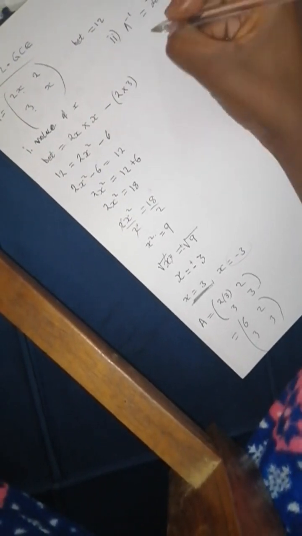We are told to find, hence or otherwise, write the inverse of A. Okay, so 2018 question 1A2 says hence or otherwise write inverse of A. Okay, so here the inverse we already know it's 1 over determinant of A times adjoint of A. The determinant is given, it's 12.